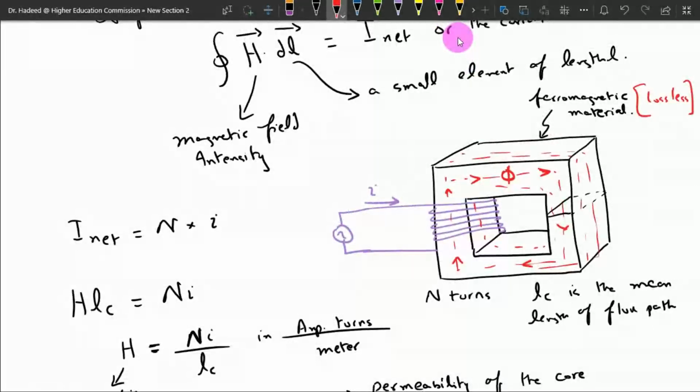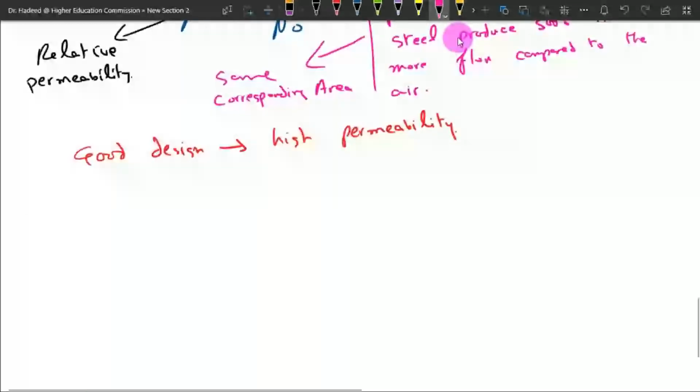We have said it's a lossless material, but this ferromagnetic material is not available, so we do have losses in a practical system. Some of the flux actually leaves the core, and this flux that leaves the core is known as the leakage flux. We will discuss this in some next class.